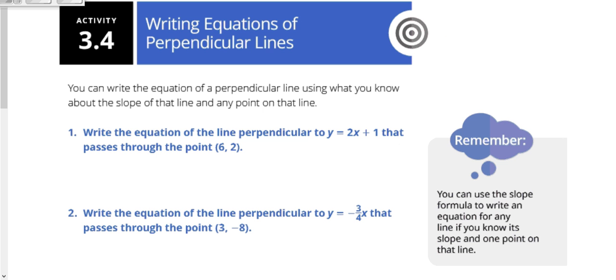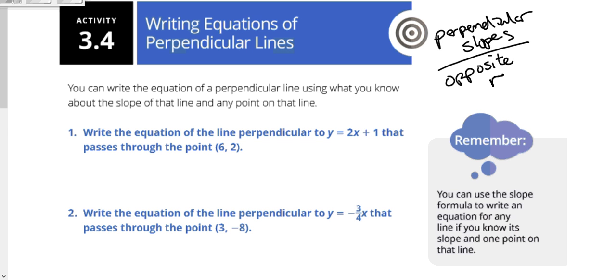Now, this one, we have to think through the fact that with perpendicular, slopes are opposite reciprocals. And if you need to write that at the top of your homework, then do it.